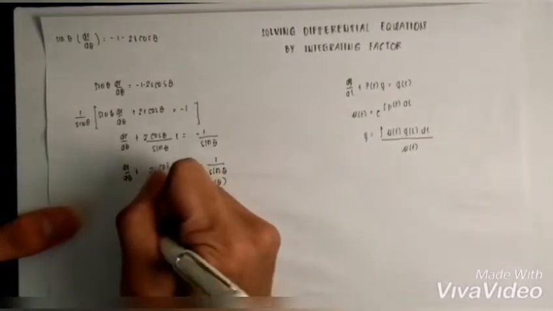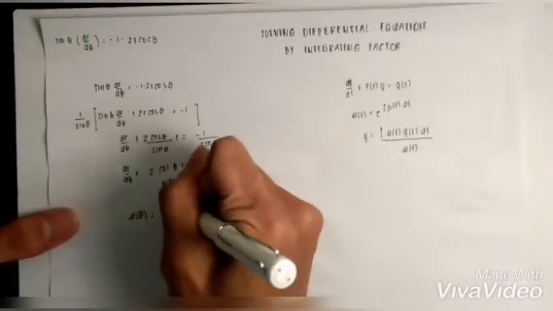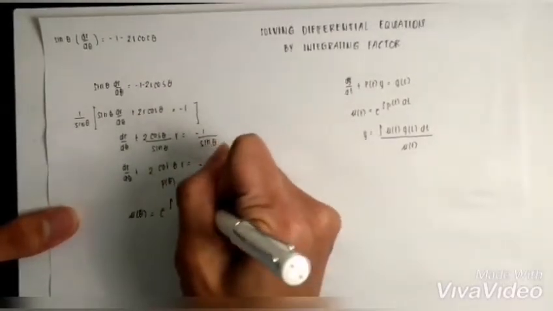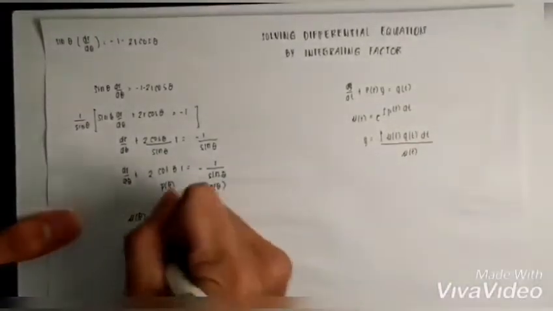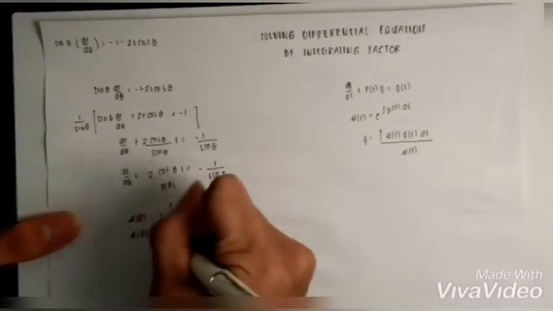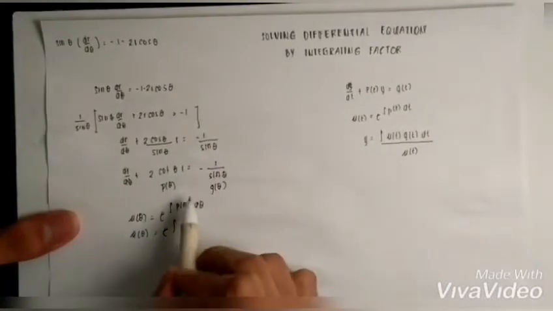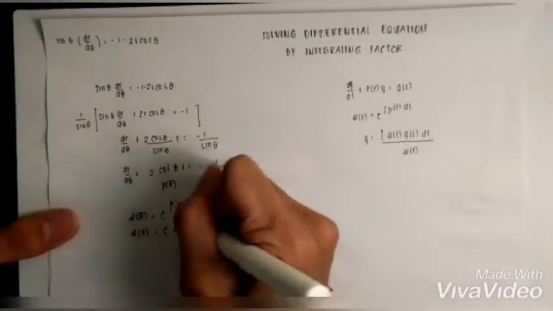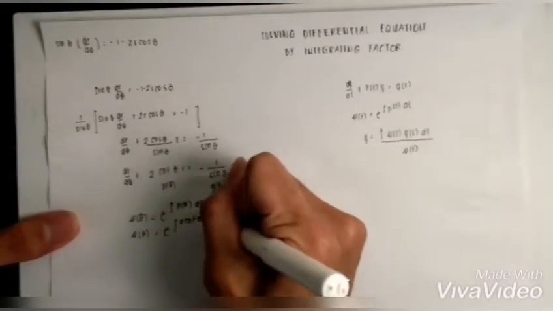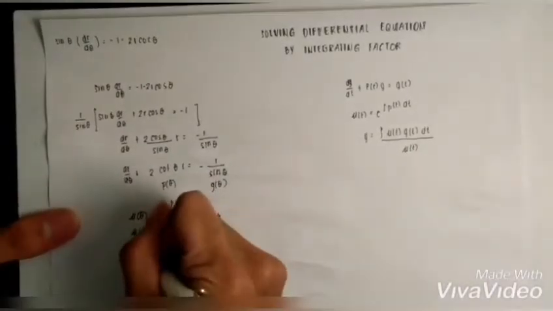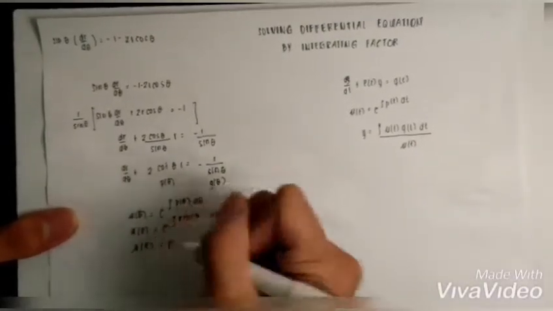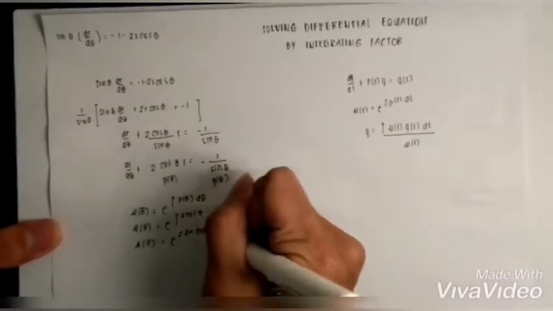So in this case, we have mu of theta is equal to e raised to integral of p of theta d theta. So mu of theta is equal to e integral of p of theta, which is equivalent to 2 cot theta d theta. Okay, we have mu of theta, e integral of cot theta, that is ln sine theta, 2 ln sine theta.